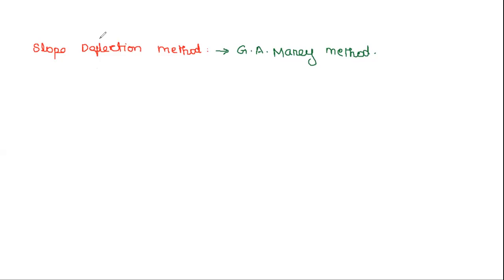In this method, the joints are considered as rigid. Rigid means when a load is applied, the angle between these members will be retained. So in the deformed position also, the angle between the members will remain the same. This is the undisturbed position and this is the loaded position.